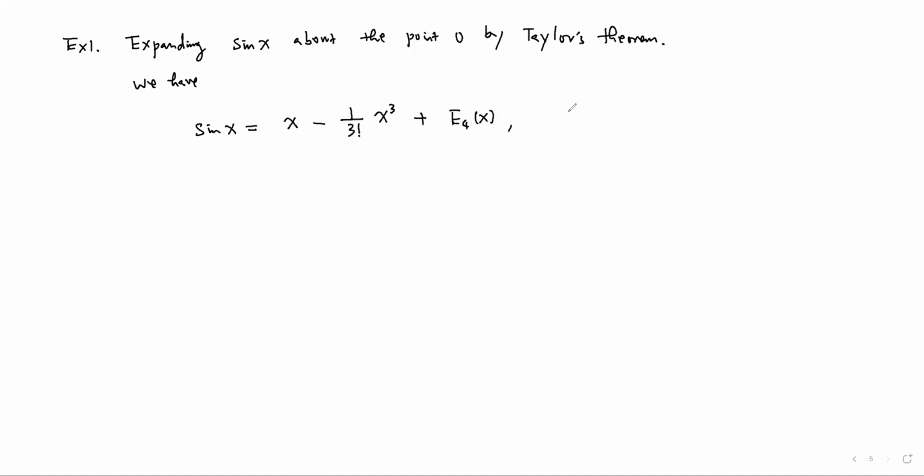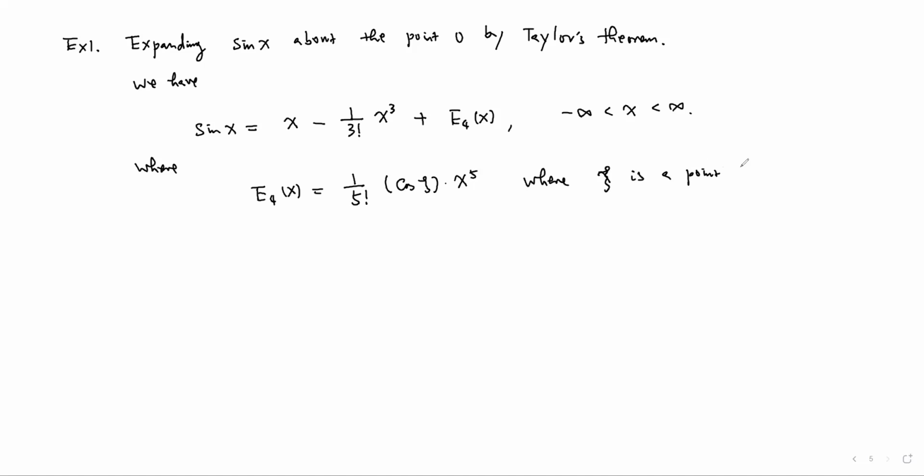This equation is true for any x, where the error term is 1 over 5 factorial cosine of xi times x to the 5th, where xi is a point.